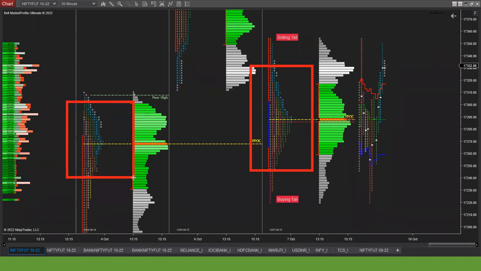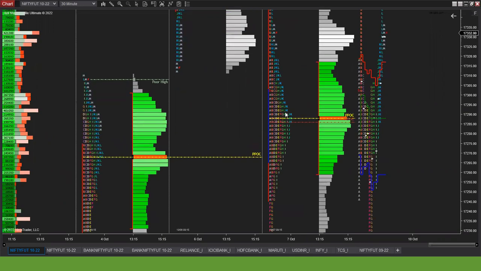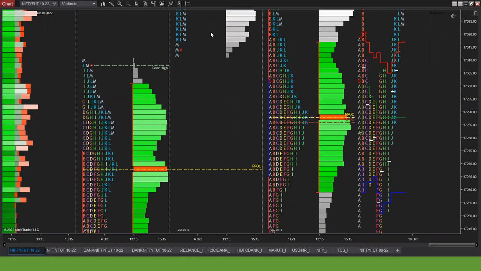Majority of the days, you'll be finding at least 7 to 8 letters. Now, even if you go and count last Friday's activity at the center point, how many letters are we able to see? This is Nifty futures, right?